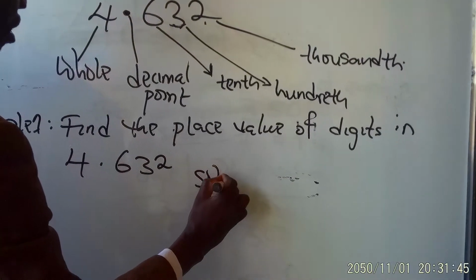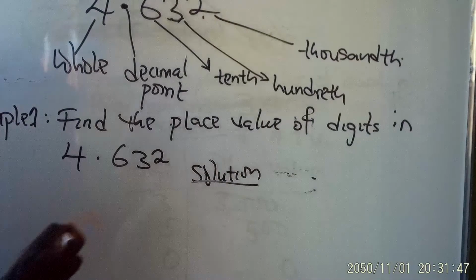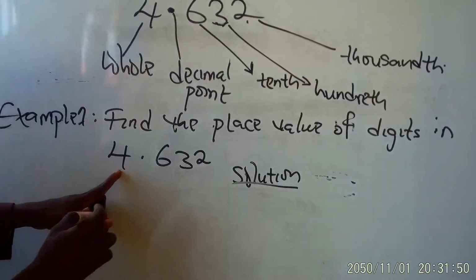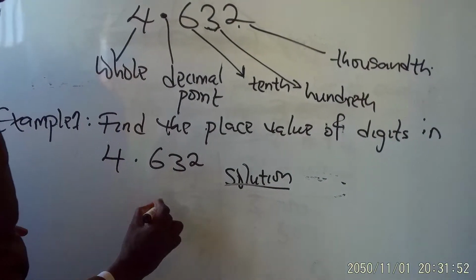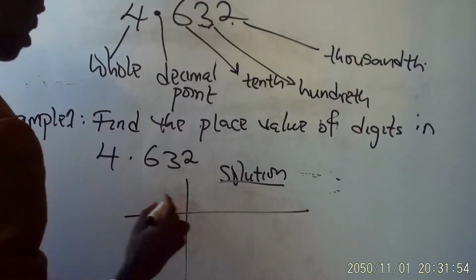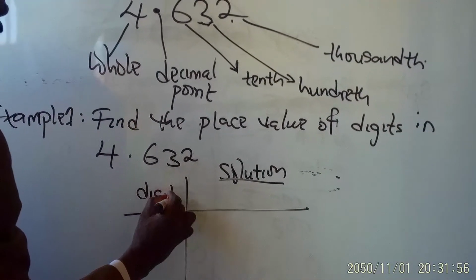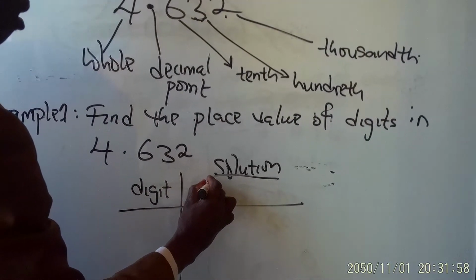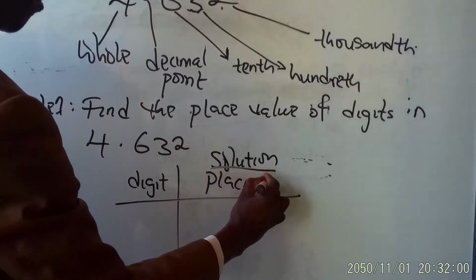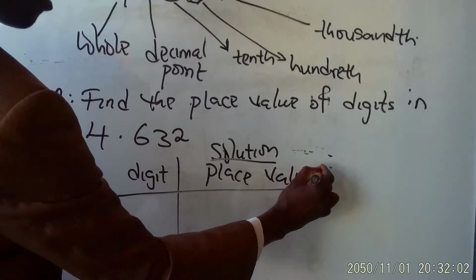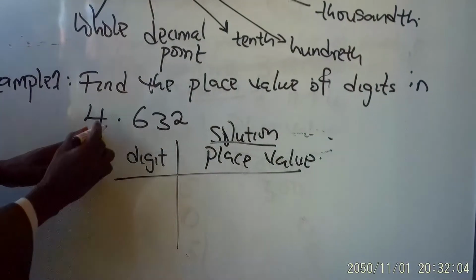Now let's look at this. Now you need to understand that the value of 4, you can also write it like this. Digit. Not only that, this is place value. Place value.